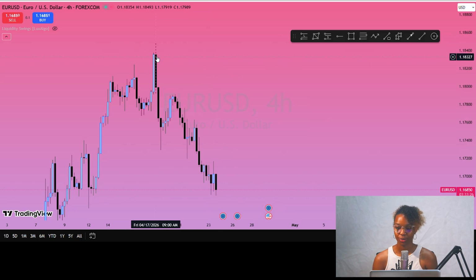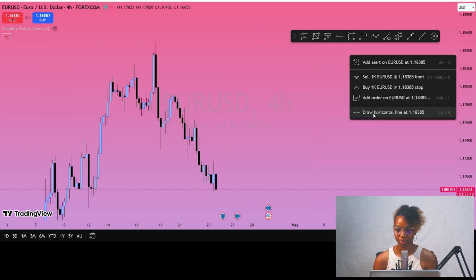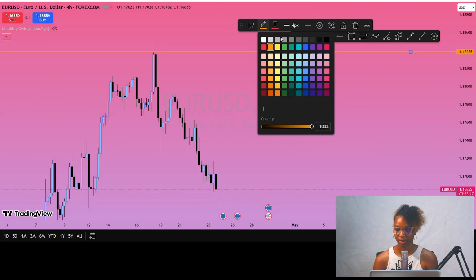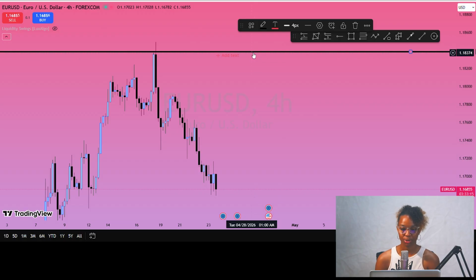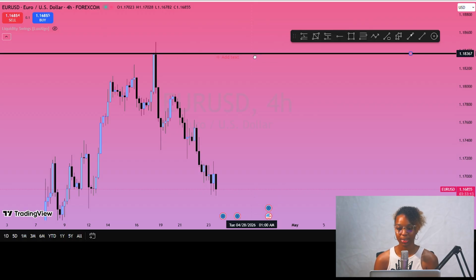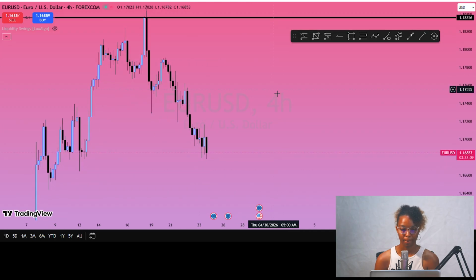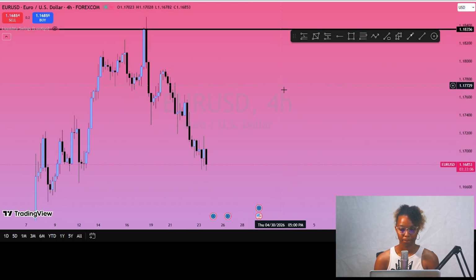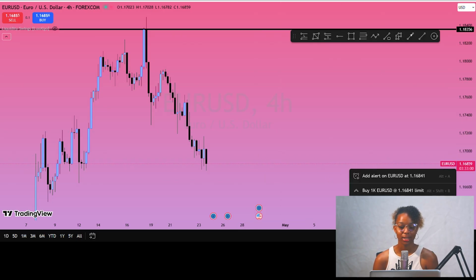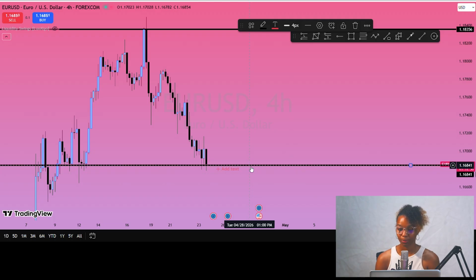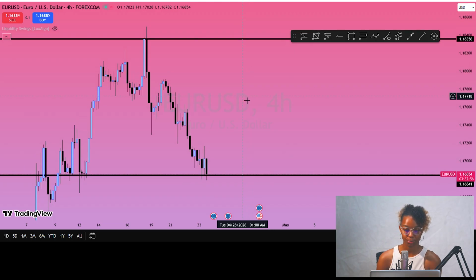So to start, we are going to take a look here. The very first thing you need to do is mark support and resistance. Now I'm going to keep this as simple as possible. So I'm going to mark the high, the ceiling, and I'm going to mark the floor, which is the recent low.